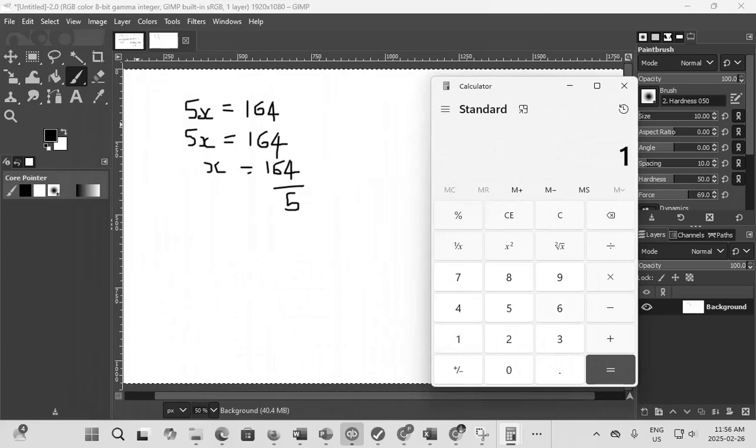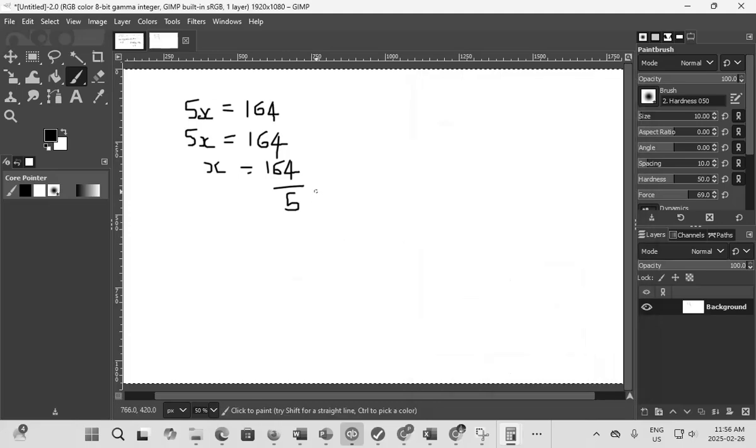So 164 divided by 5 gives an increase in yield per year of 32.8 bushels per acre. We'll take this 32.8 and use it in another equation.